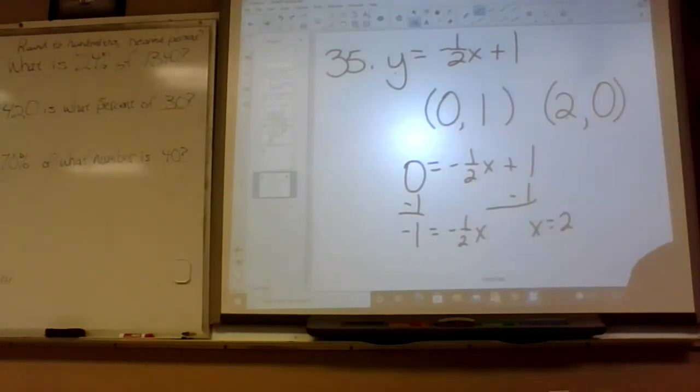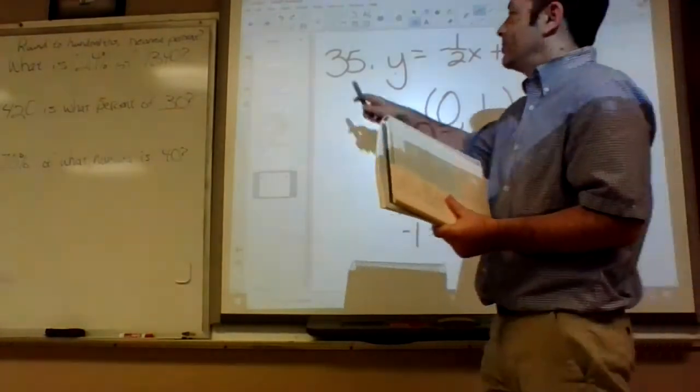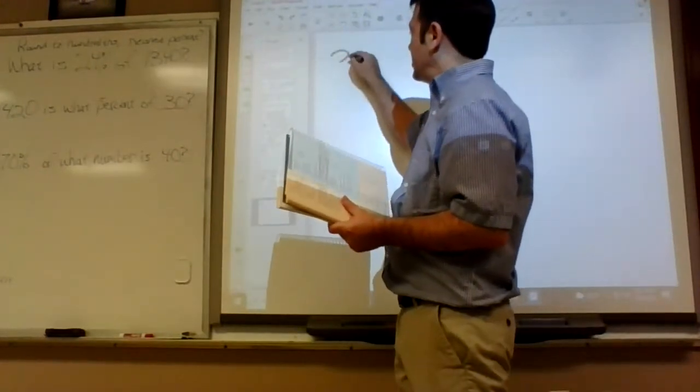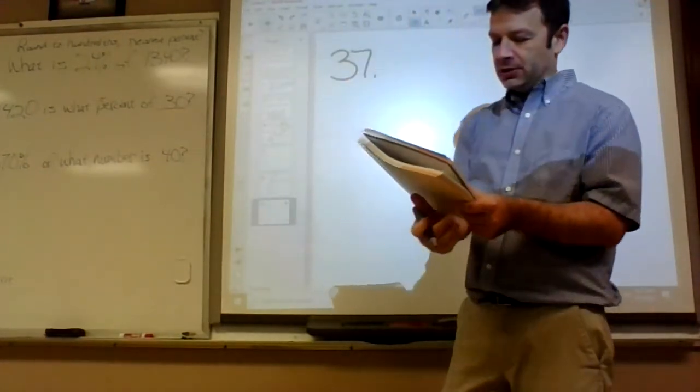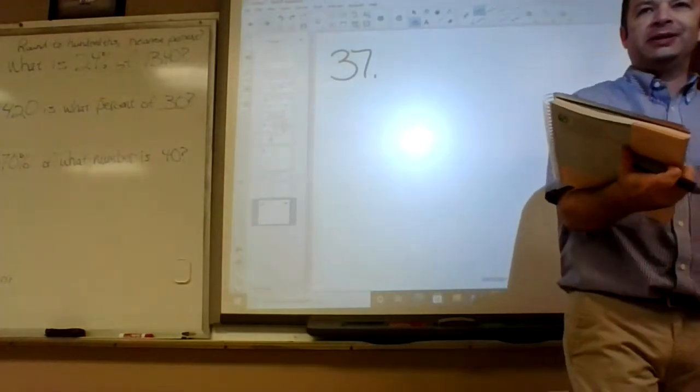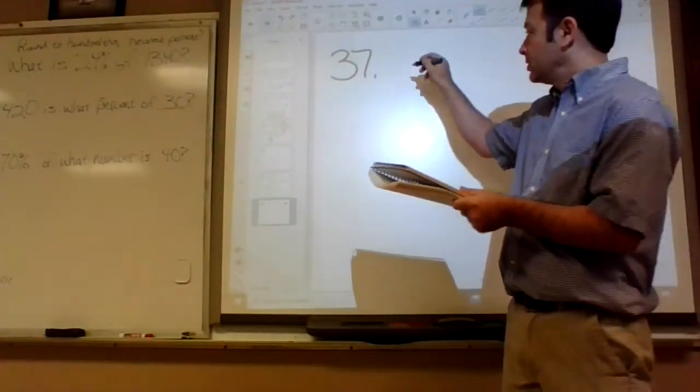Alright, number 37. Use the y-intercept and slope to graph each equation. So, on 37, is that line written in slope-intercept form or is it written in standard form? Standard.